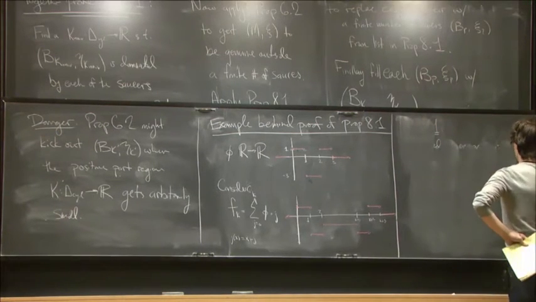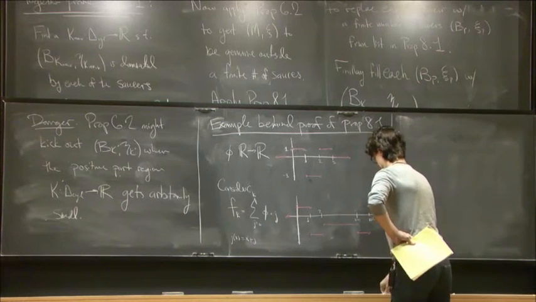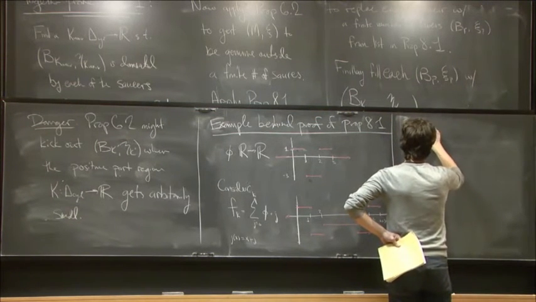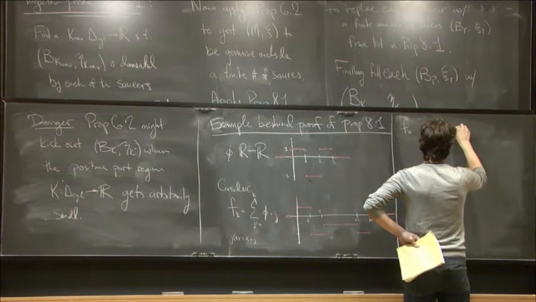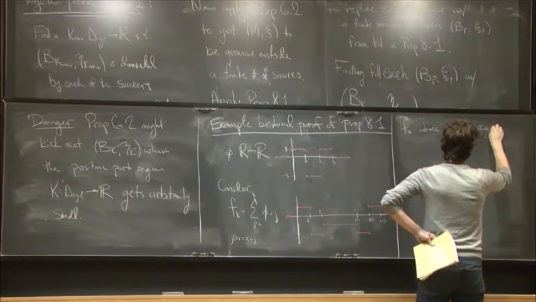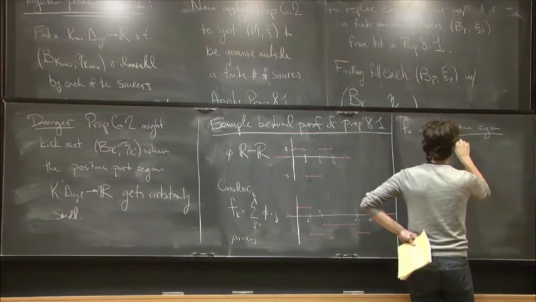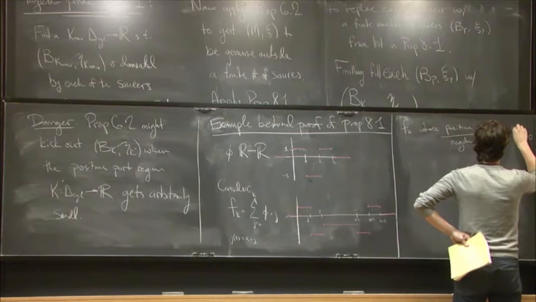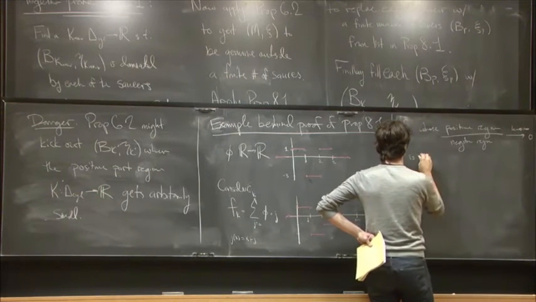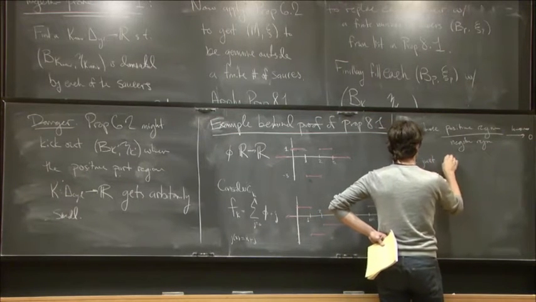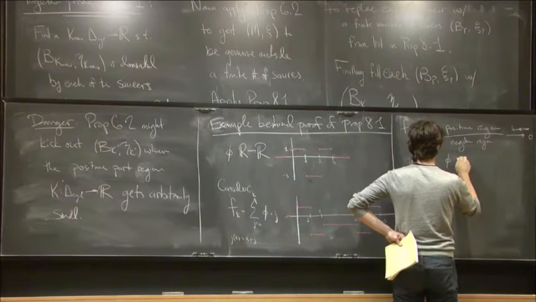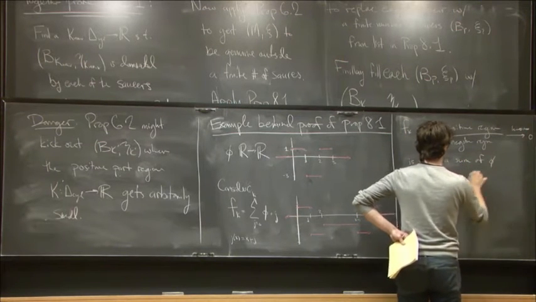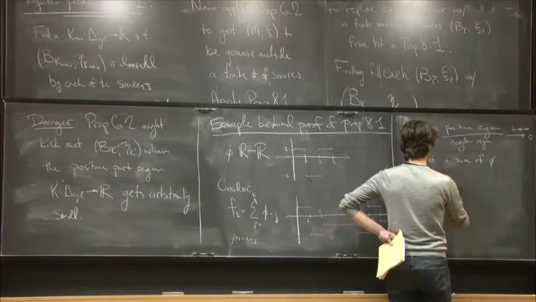So what this example shows is that f_k, whose positive region divided by negative region is going to 0 as k goes to infinity, is just a sum of phi and its translates.